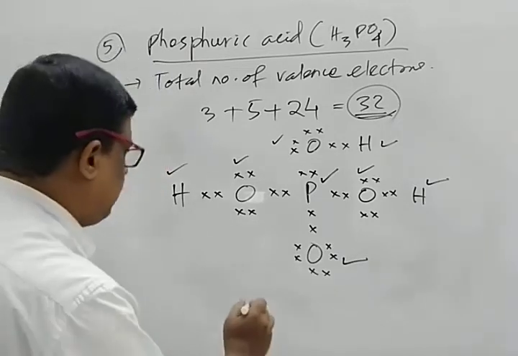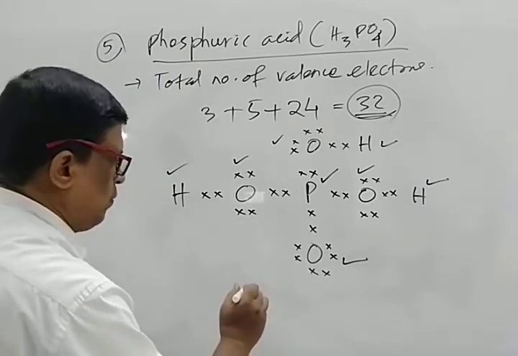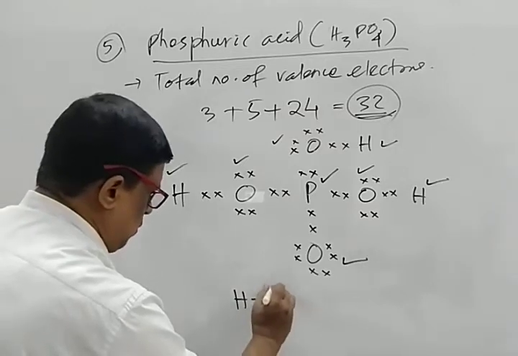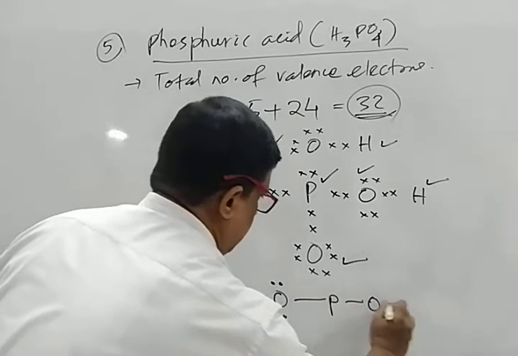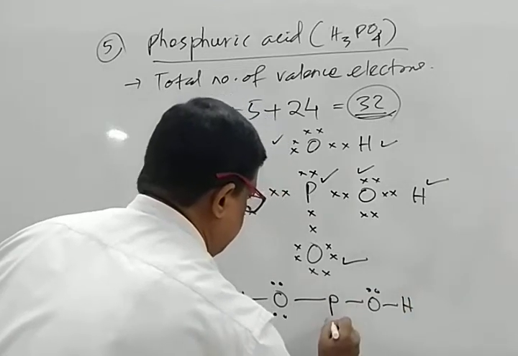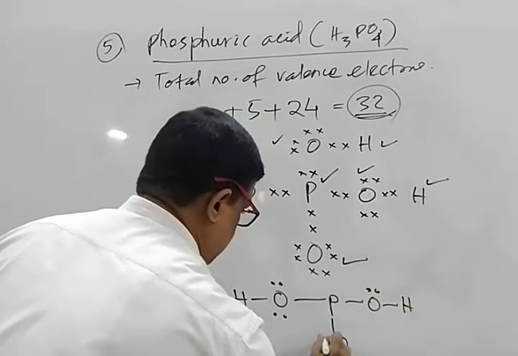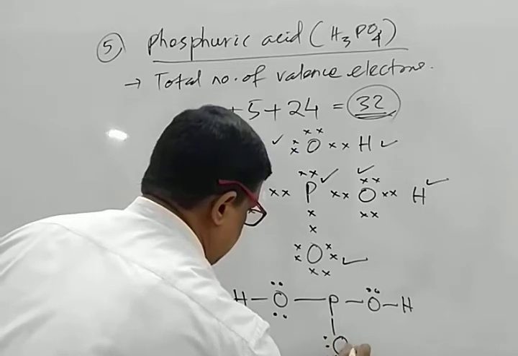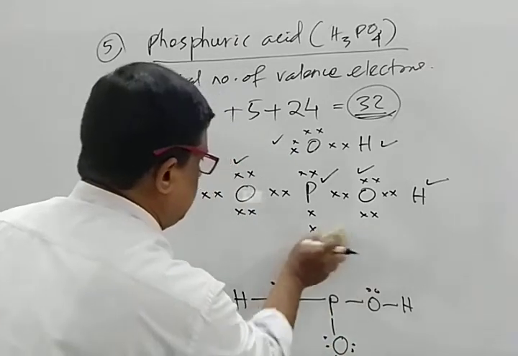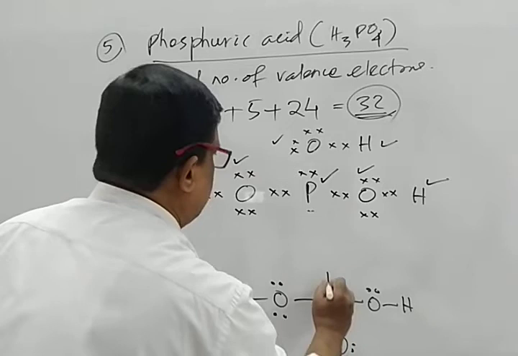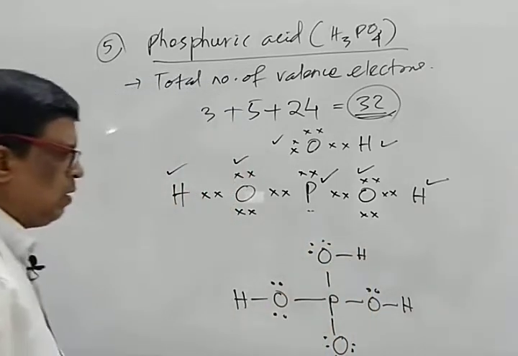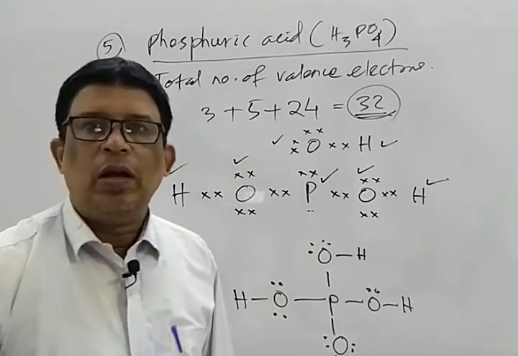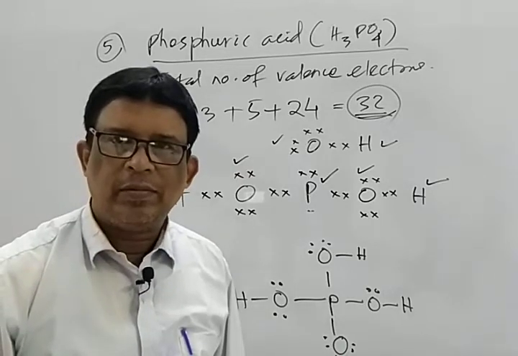Okay, next the representation is H, O, P, OH, next O, and the last one is OH. It is the structure for phosphoric acid.